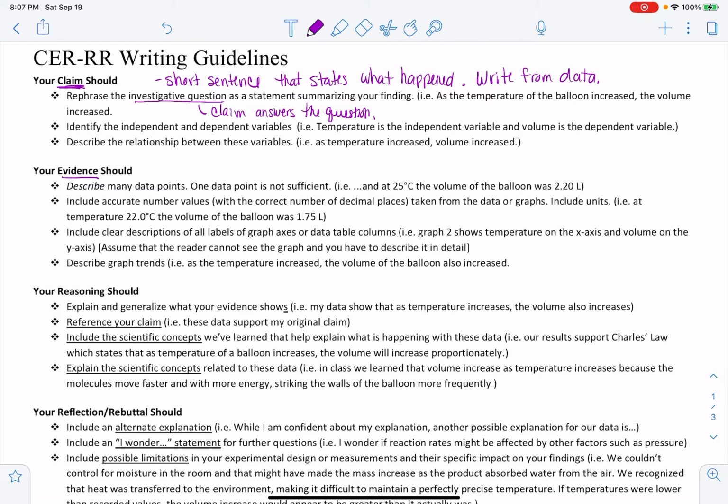Your claim, if you are using an experiment with variables, would have to identify the independent and the dependent variables. So if you were going to say that as you increase the temperature, the volume increases as well, temperature would be the independent variable because you are changing this.